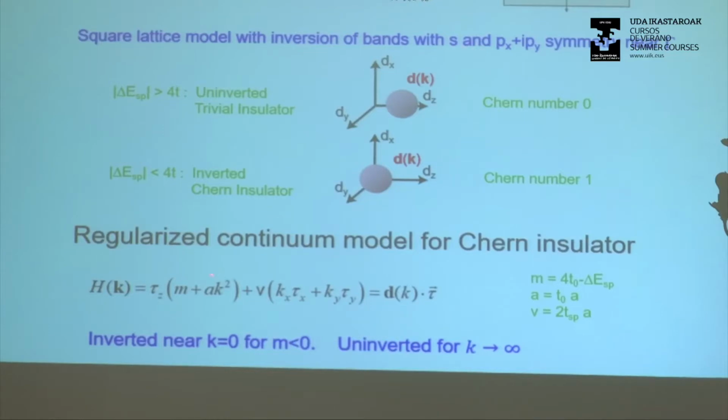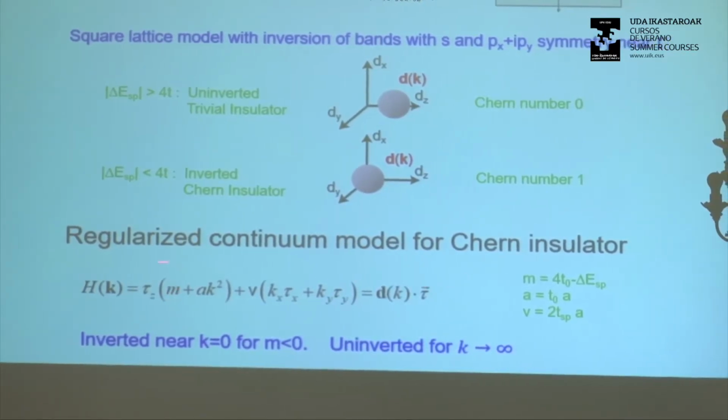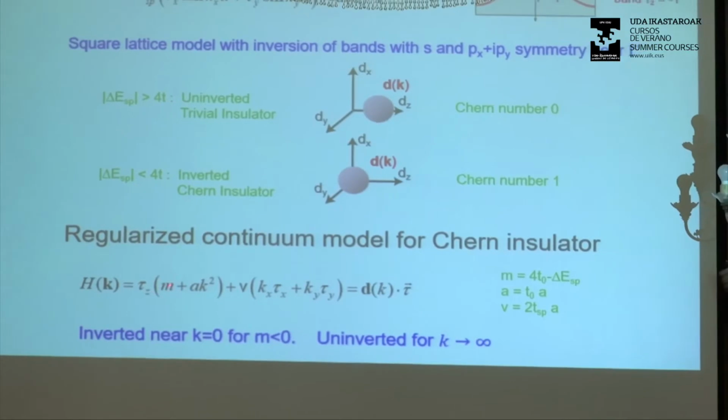It's this k squared term that allows this theory to know which side is the topological side and which side is the trivial side. So positive m is the trivial insulator, negative m is the inverted case. And so this model, again, makes it look very nice. This looks like a 2 plus 1 dimensional Dirac Hamiltonian with this mass term.